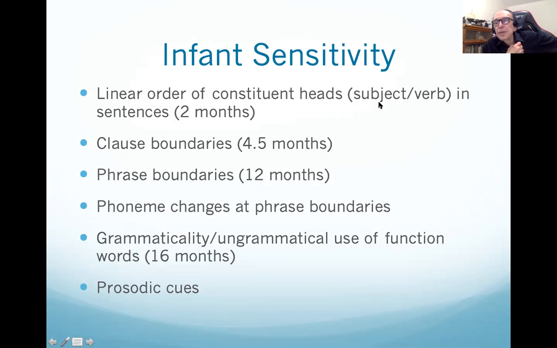If the child hears them in one particular order, and then the way the research is done, how is this done on a 2-month-old, you might ask yourself? How can anybody know this?